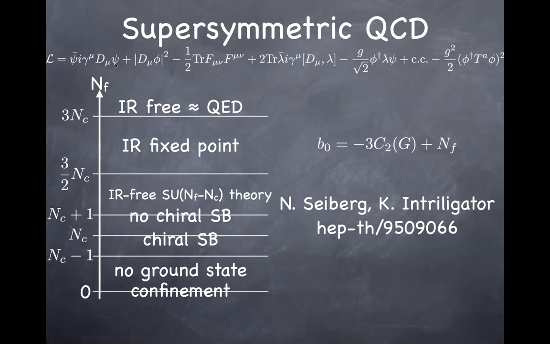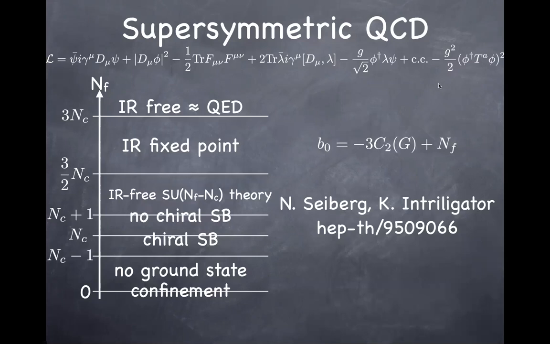We also have the superpartner of the matter fields: the quark is in the fundamental representation of SU(NC), so the phi, the squark, the scalar quark, which is the superpartner of the quark, is also in the fundamental representation. And you also have a specific way that they couple to each other. Then this Lagrangian actually has a supersymmetry to interchange fermions and bosons.